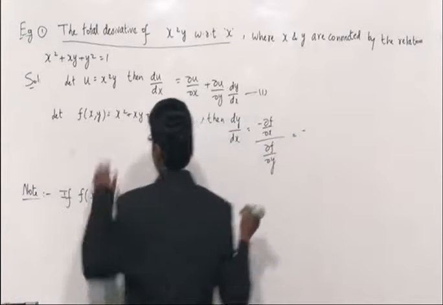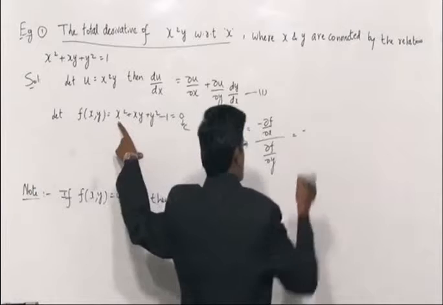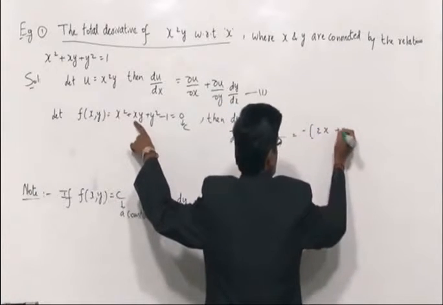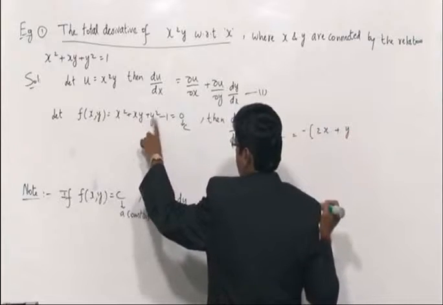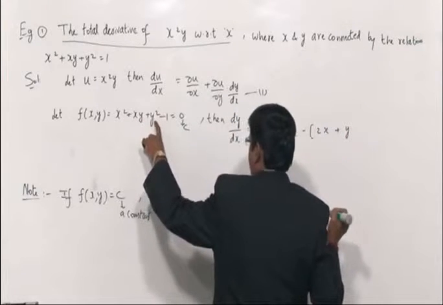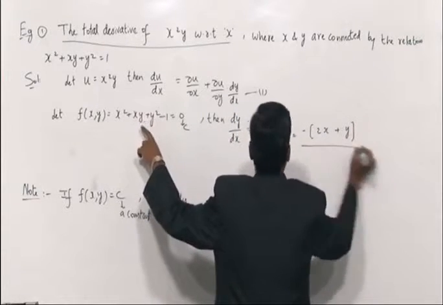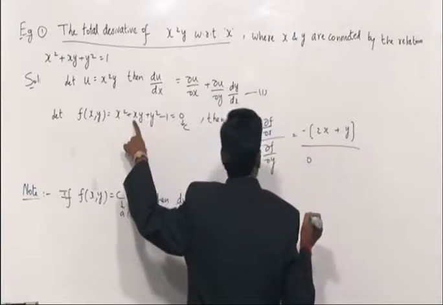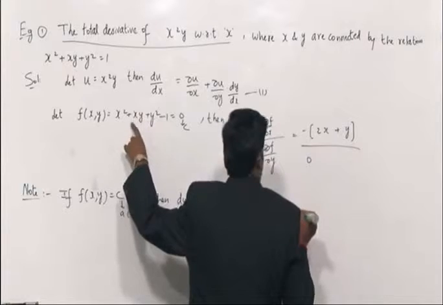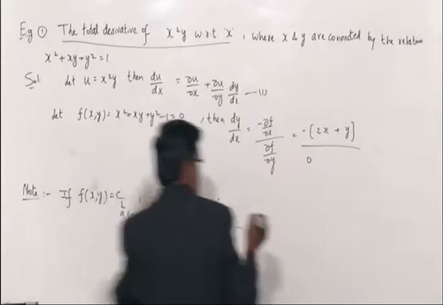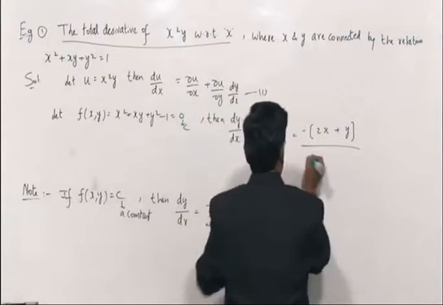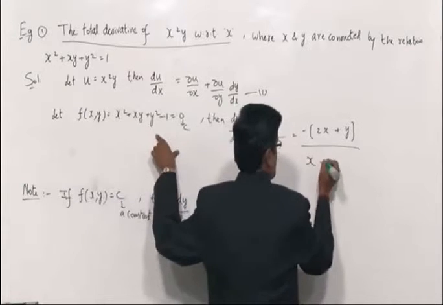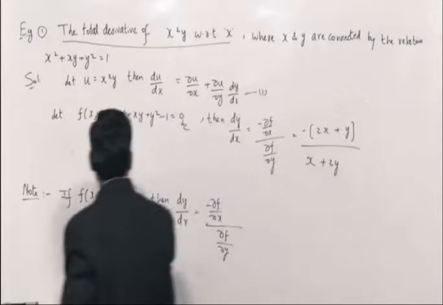With respect to x, partially, x square derivative is 2x; with respect to x means y constant, so x derivative is 1 into y, that is y; y square derivative with respect to x is 0, a constant. Divided by, with respect to y: x square becomes 0, x is constant here, y derivative is 1, so the first term simplifies to x, and then y square derivative with respect to y is 2y. So this is the value of dy by dx.